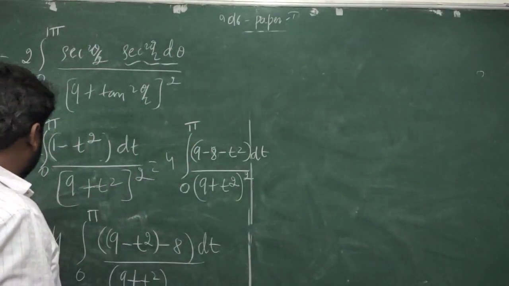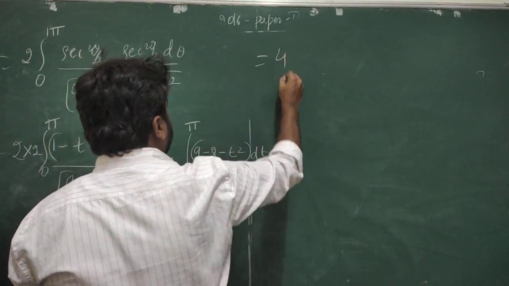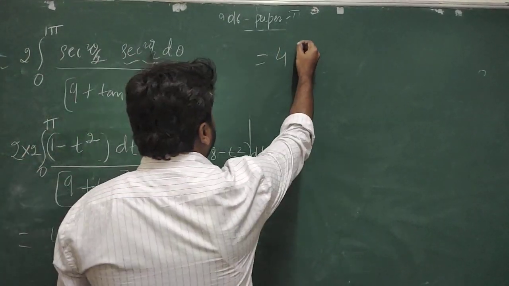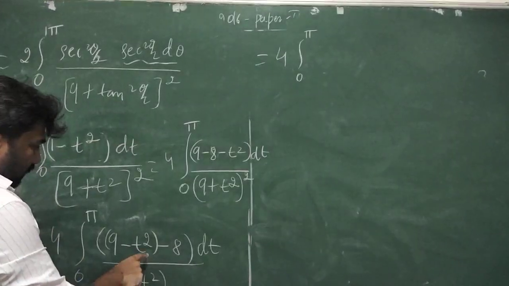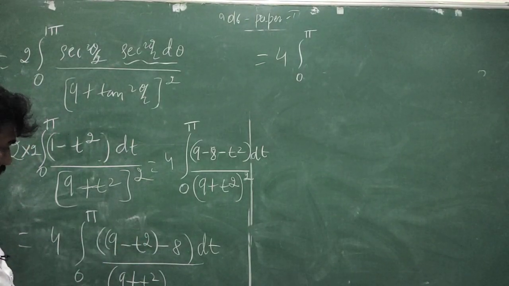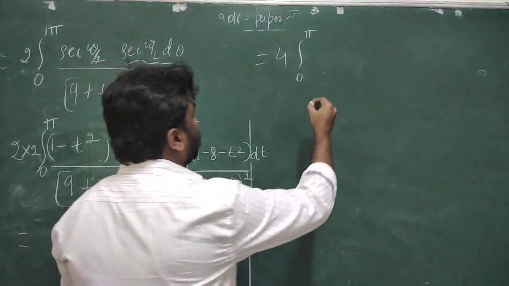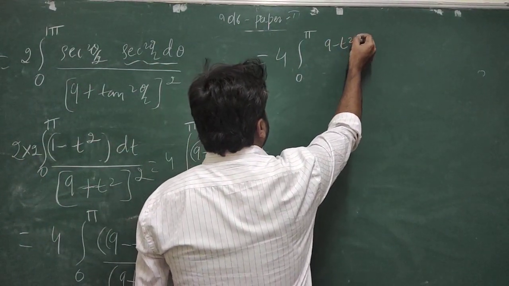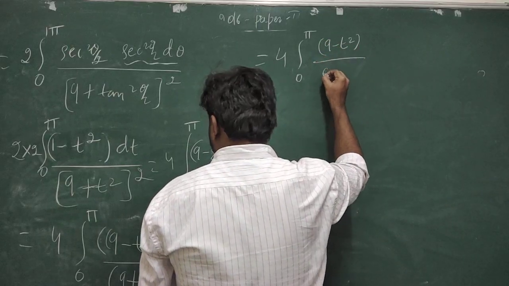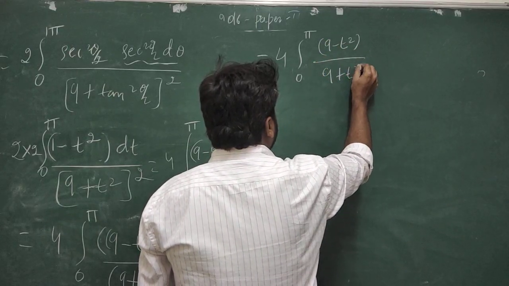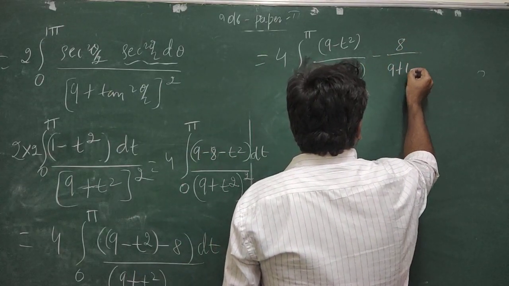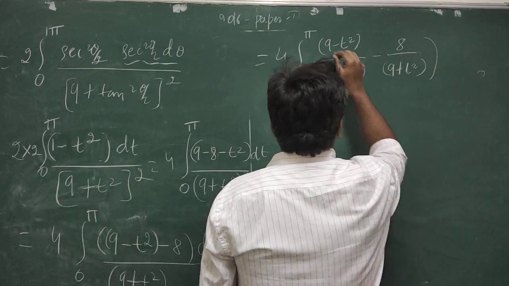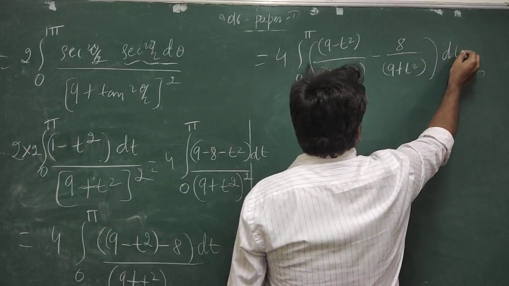So it takes some more steps for simplification. Complex analysis like that only. So 4 into integral 0 to pi, this 9 minus t square can be written as, see, 9 minus t square divided by 9 plus t square minus 8 divided by 9 plus t square into dt.